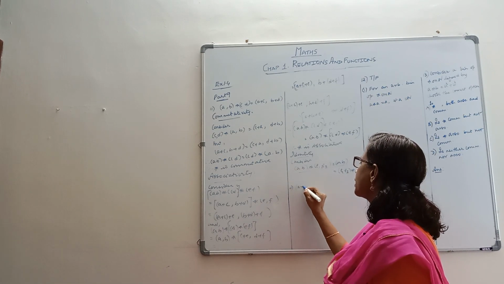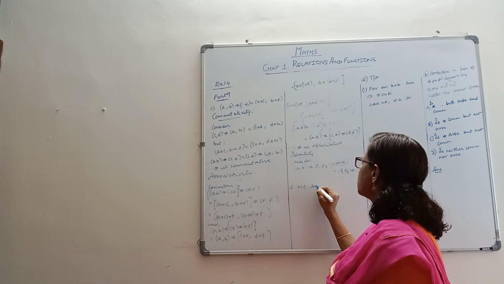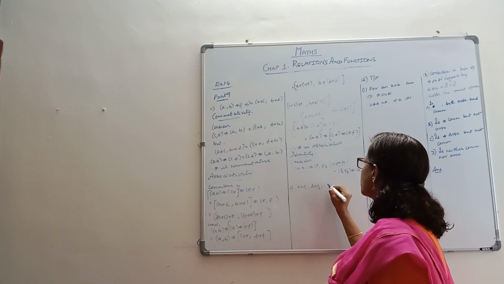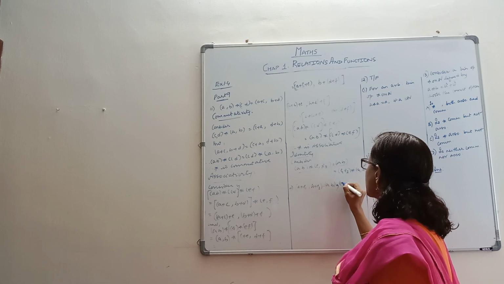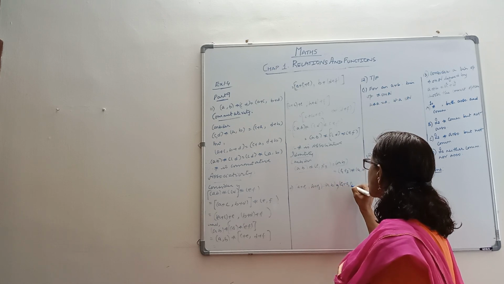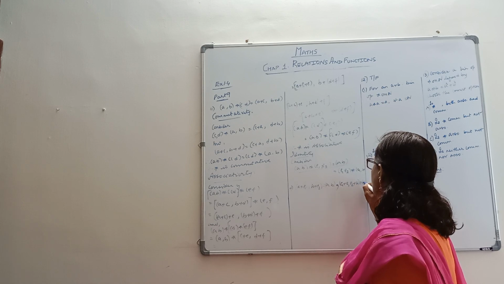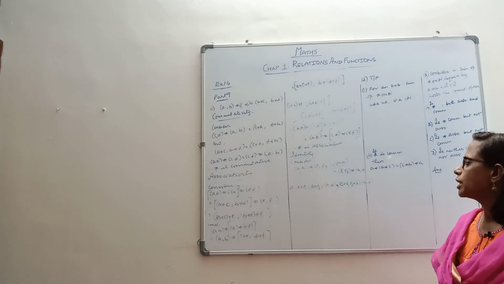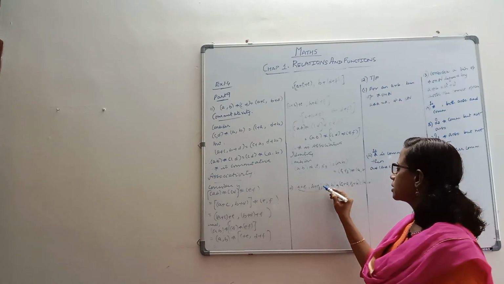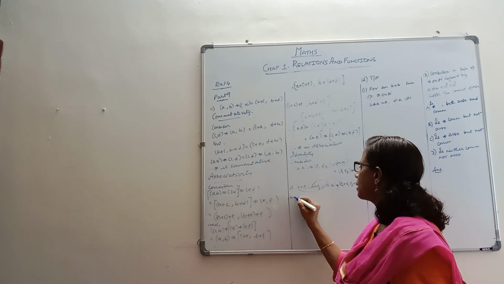It is (A plus E1, B plus E2) giving you (A, B), and (E1 plus A, E2 plus B) giving you (A, B). Pure application of the definition, this part and this part. Now when we try to equate, this is equal to this, this is equal to this.